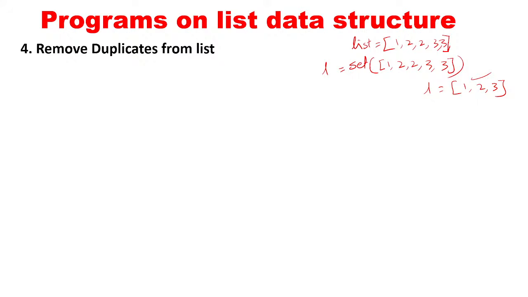Let us execute this. Let me take a list with duplicate values, and then I'll print only the unique values.